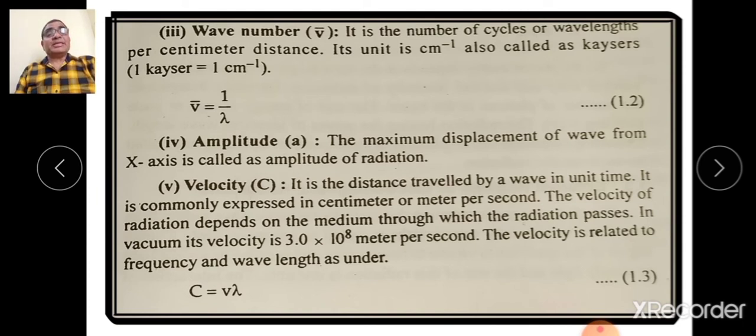Next parameter is velocity. It is the distance traveled by the wave in unit time, commonly expressed in centimeter or meter per second. The velocity of a radiation depends on the medium through which it passes. In vacuum, its velocity is 3 into 10 raised to 8 meter per second. Velocity is related to frequency and wavelength as c equals nu into lambda.